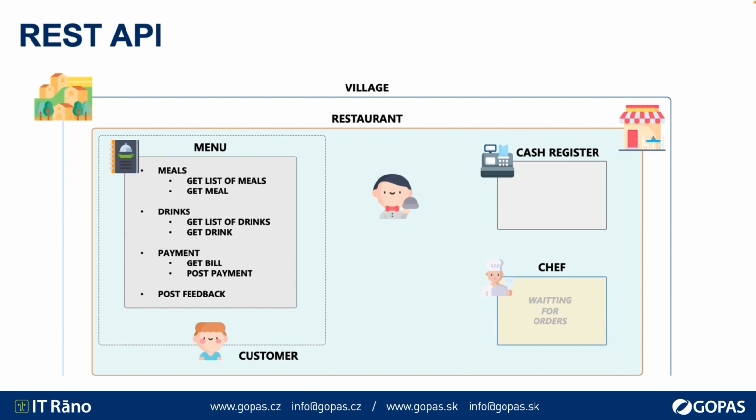They didn't tell me how costly it was. So, hey API, can you get me a bill? Yeah, of course. And in this case, he's not running to a chef, but to a cash register, where the bill will be generated, and API will return with the amount that we should pay.